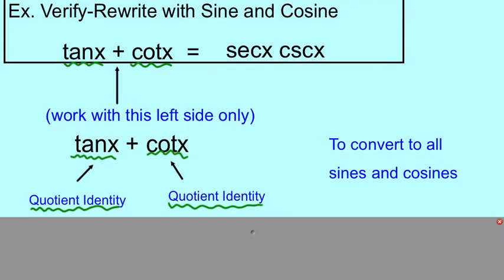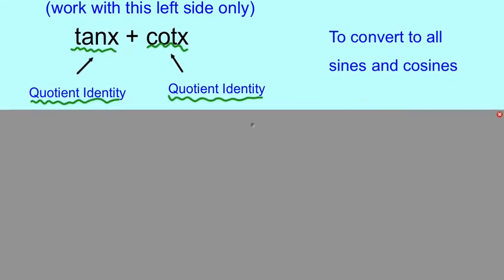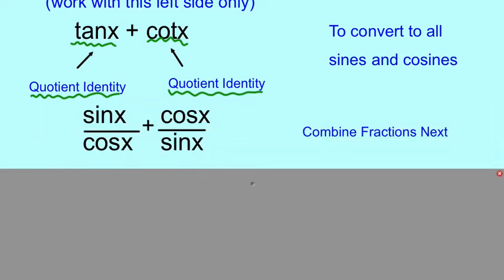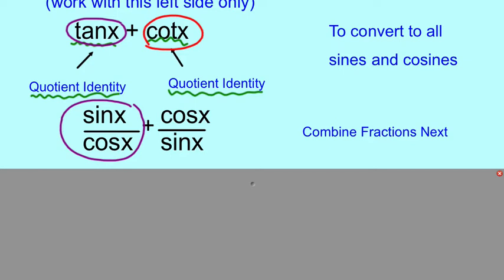Maybe you want to take a minute to look at your formula sheet and look at the quotient identities for tangent of x and cotangent of x. So the tangent of x can be rewritten as the sine of x over the cosine of x, and then the cotangent of x, its quotient is cosine of x over sine of x.